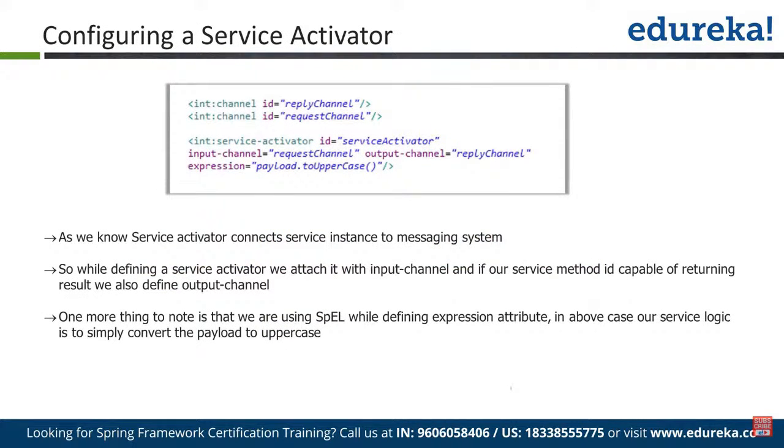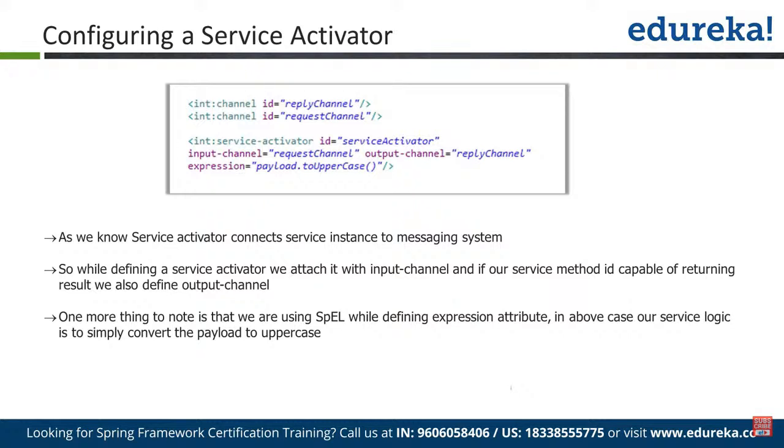Now, how to configure a service activator. You have a reply channel, a request channel, and then you have one service activator. In the service activator, just like we define service beans in Spring, we can define these activators, where you provide the input channel, the output channel, and the expression you are going to use.